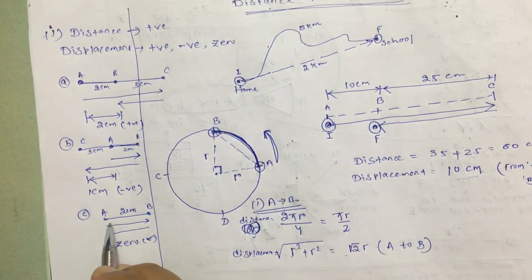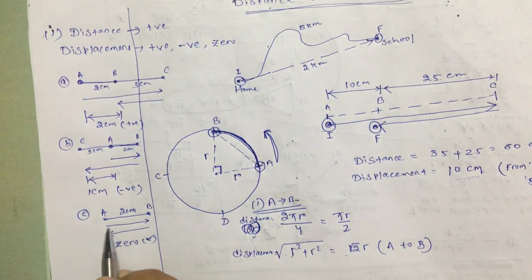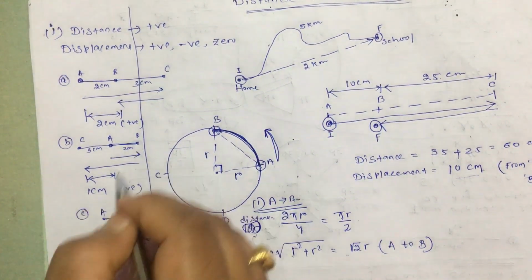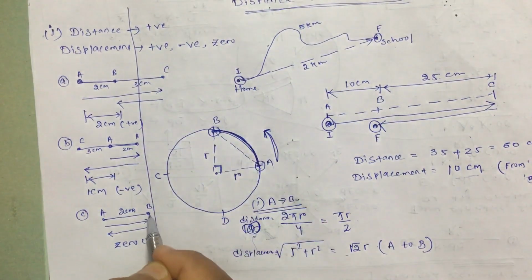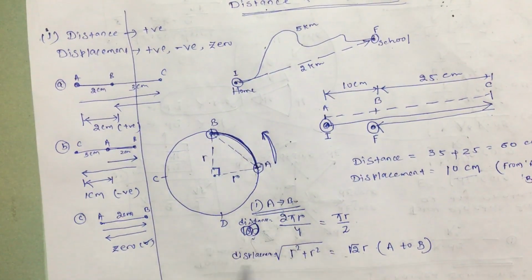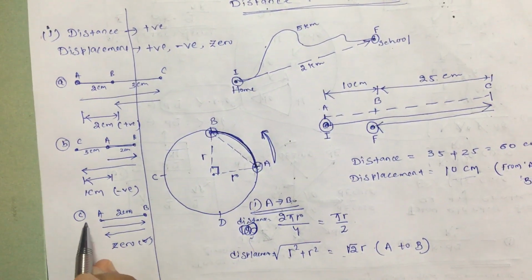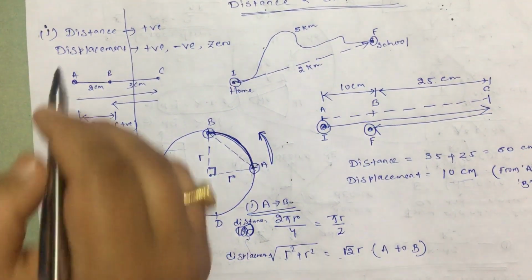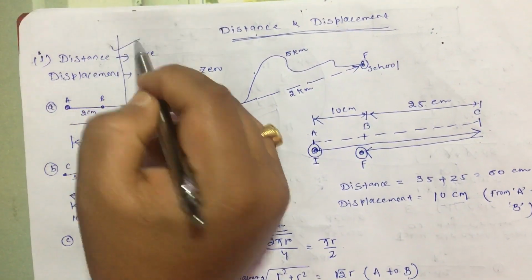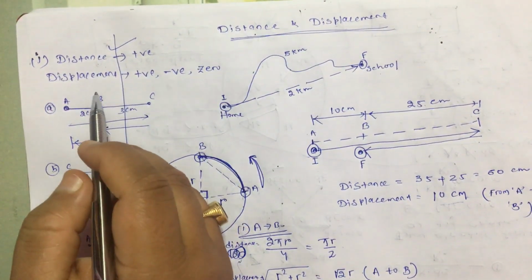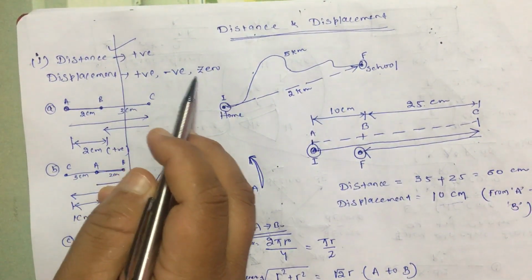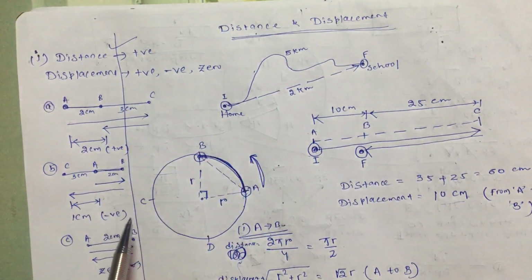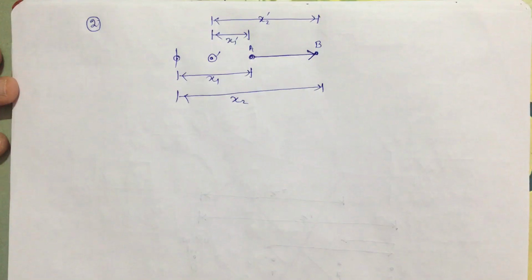If you have started from one point, went somewhere and again returned back, not by a straight line, you may move from A like this up to B, and again from B you move by some other path to A. So displacement is going to be 0, because your initial and final points are the same. So remember this point, distance is always positive, always, but displacement can be positive, can be negative, and can also be 0. Okay, now let us come to the next point.